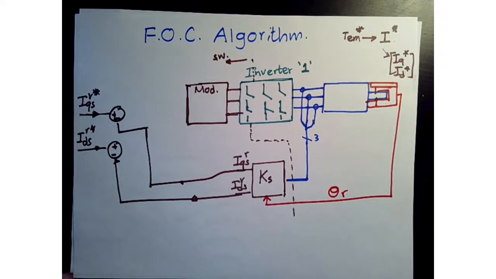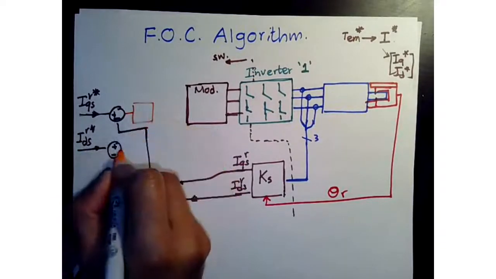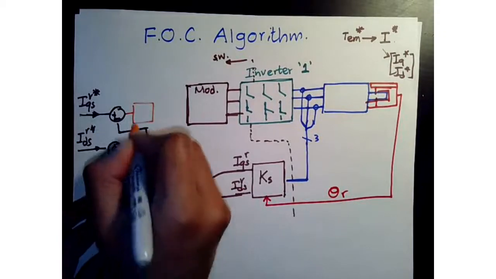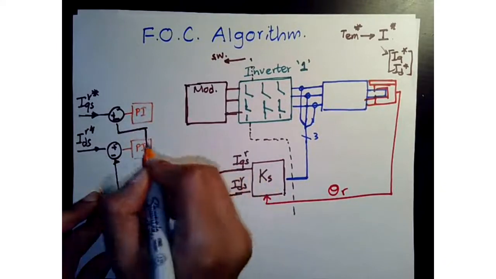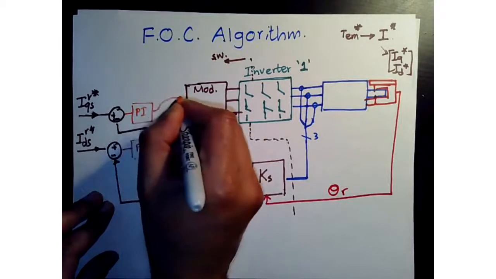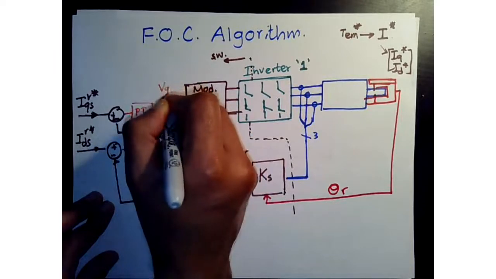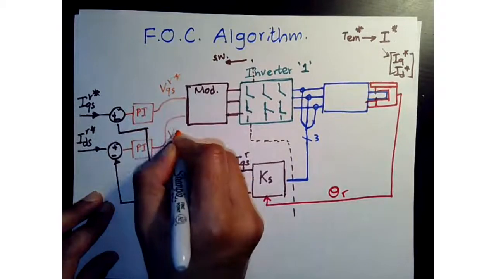Remember, for a DC motor, if we had DC currents, we had a PI controller that did the closed loop regulation, right? So you have one controller for the Q axis and another controller for the D axis. Typically you use only P and I, which results in what we call VQSR commands and VDSR commands.